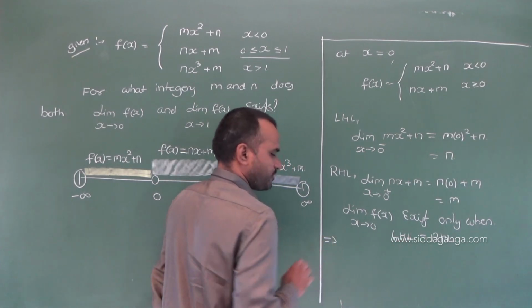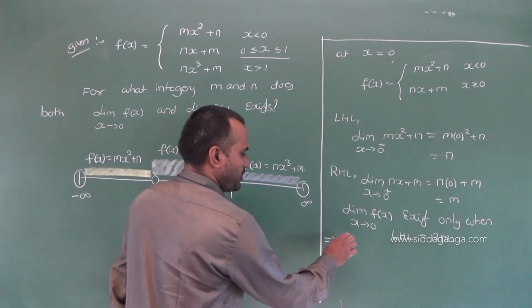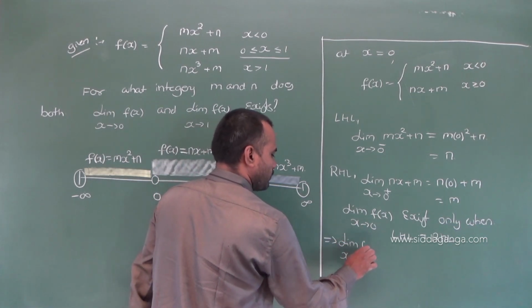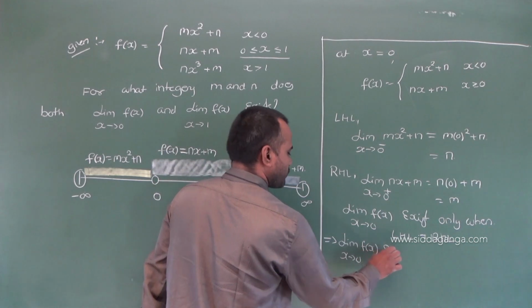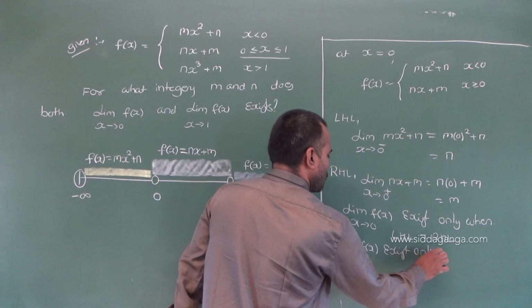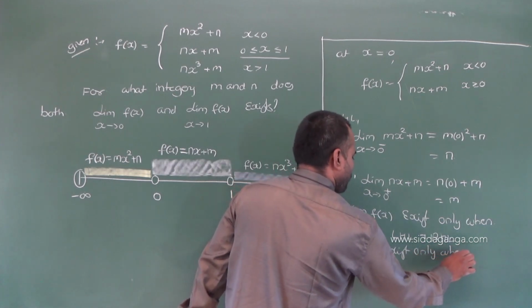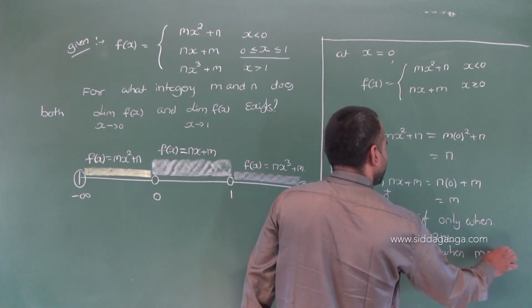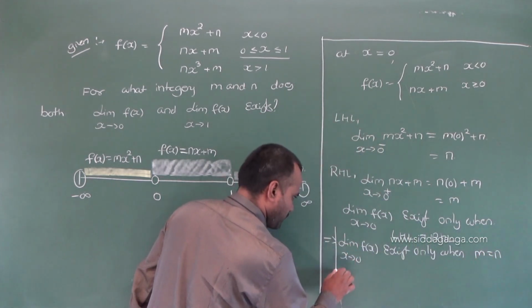That implies the limit as x tends to 0 of f of x exists only when, under what condition? m is equal to n. This is very important.